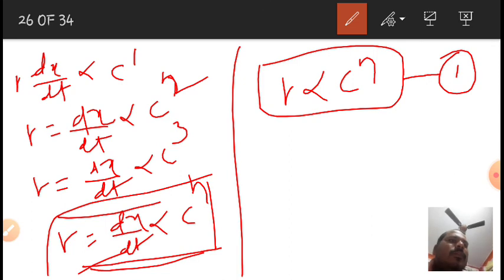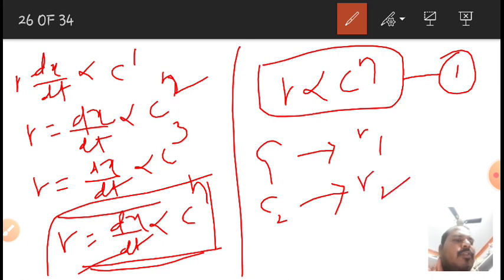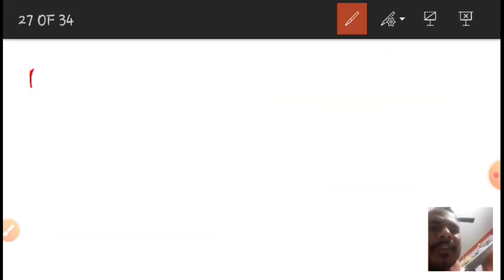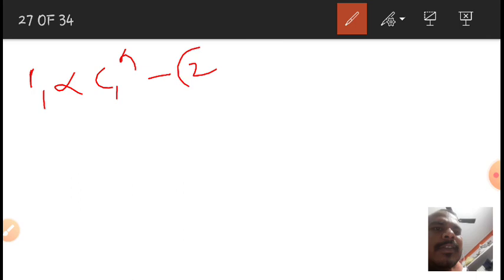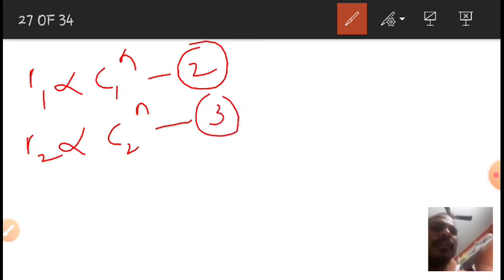So we can write, for nth order, R is directly proportional to C to the power of n. This is equation 1. For a reactant of concentration C1, the rate of the reaction is R1. For concentration C2, the rate of the reaction is R2. Then from equation 1, R1 is directly proportional to C1 to the power of n, equation 2, and R2 is directly proportional to C2 to the power of n, equation 3.